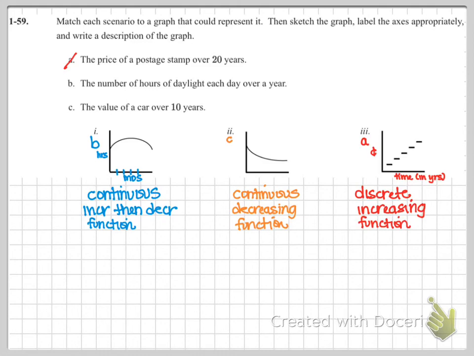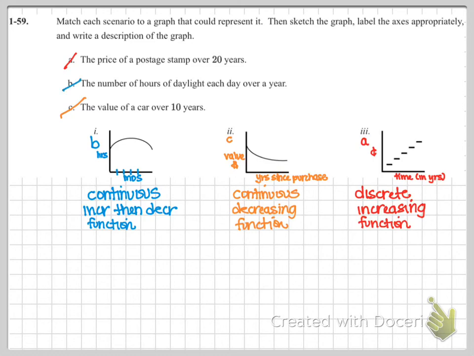And then if we wanted to go back to the second one and put some labels on this, where C was, this could be time, so years since purchase, and then on the vertical axis, we could put value, so money. So then we were able to handle A, B, and C.